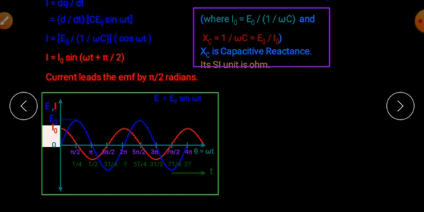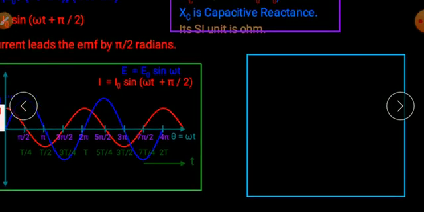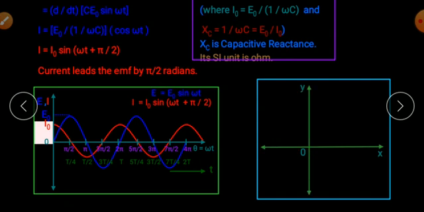E equal to E naught sin omega t and I equal to I naught sin omega t plus pi by 2. And this figure shows a phasor diagram of an AC circuit containing capacitance only.